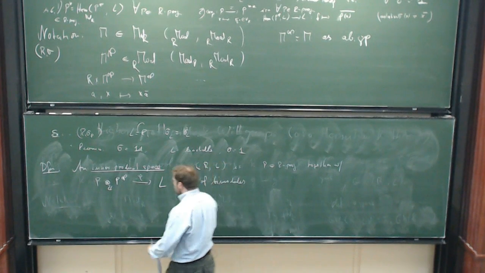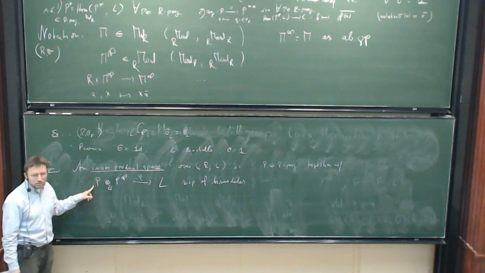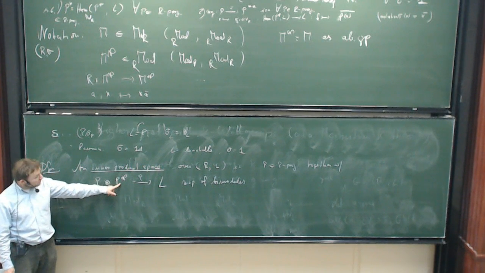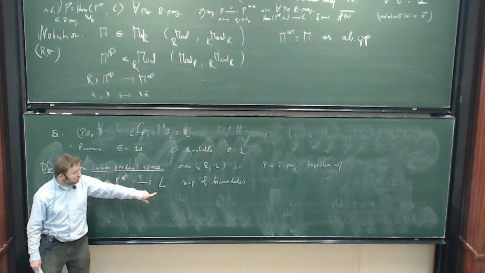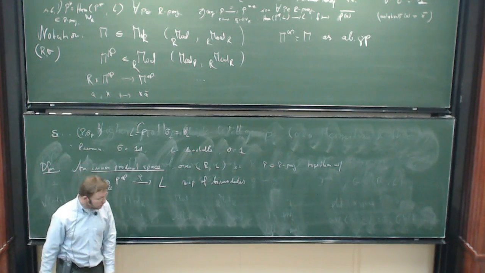See, P is the left R module, P op is the right R module, so this is a bimodule. I require this to be a map of bimodules.